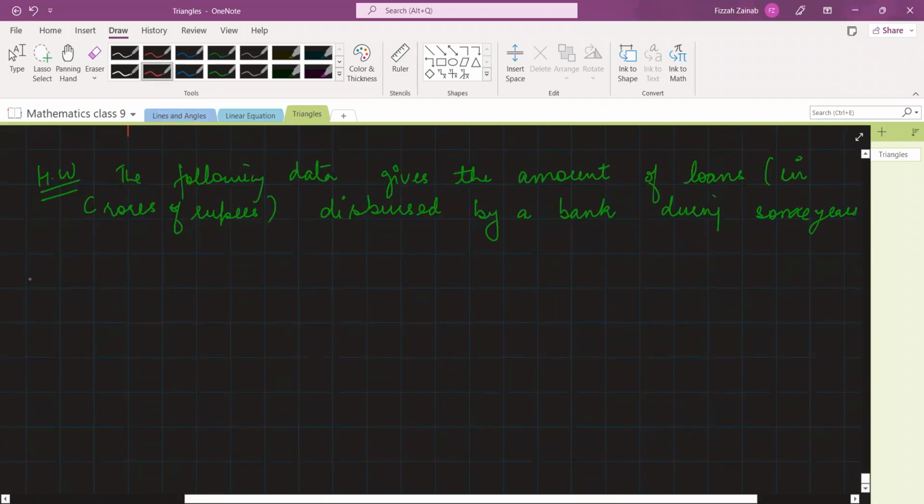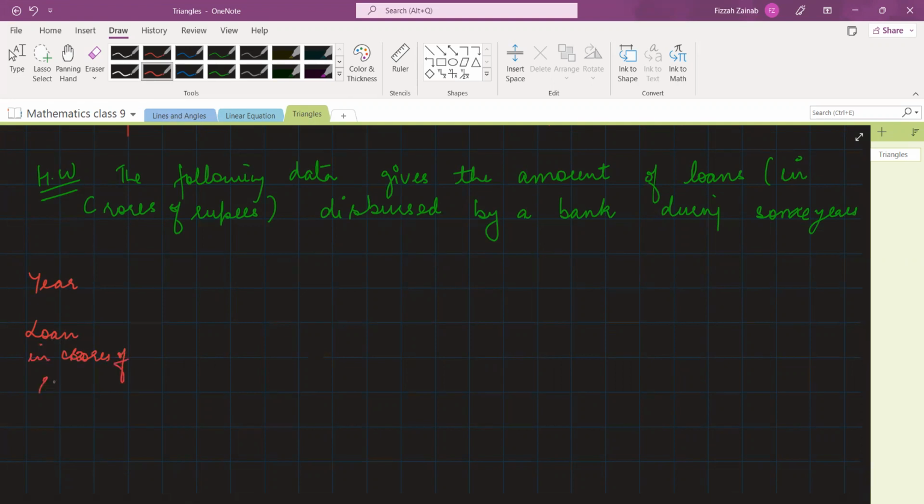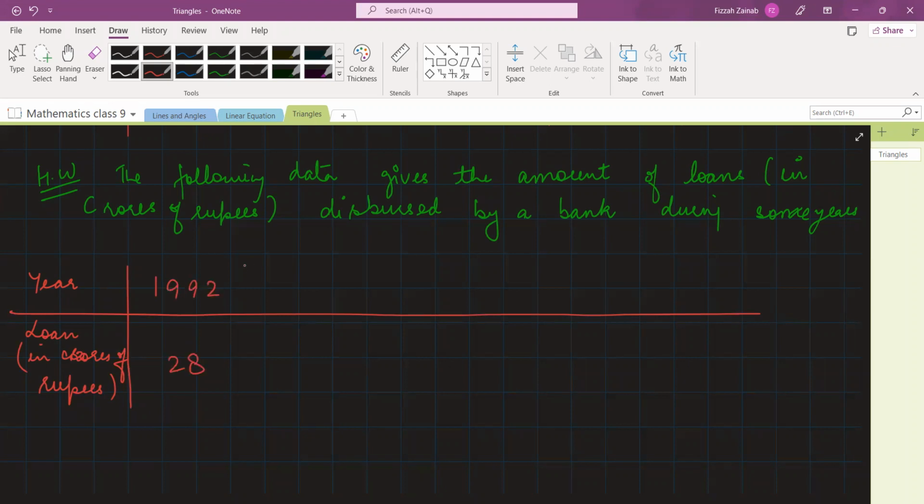So this is the data, Jocelyn. Now this is your year, right? And this is your loan, in crores of rupees. Year 1992, this is 28 crores. 1993, this is 33 crores. 1994, 55 crores. 1995 is again 55 crores, and 1996 it is 80 crores.